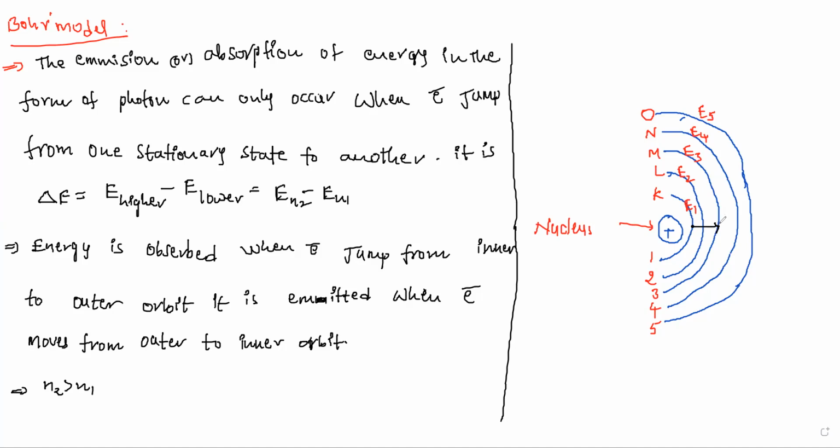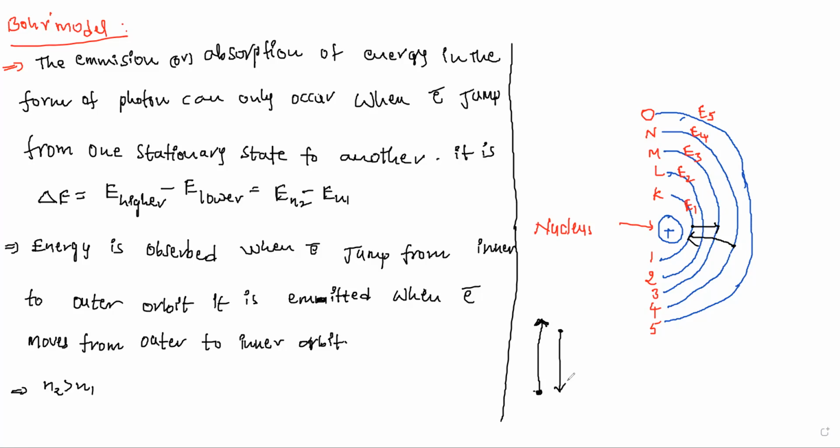This is energy absorption. And when the electron emits its energy, it comes back from a higher energy level to a lower energy level. That is emission.